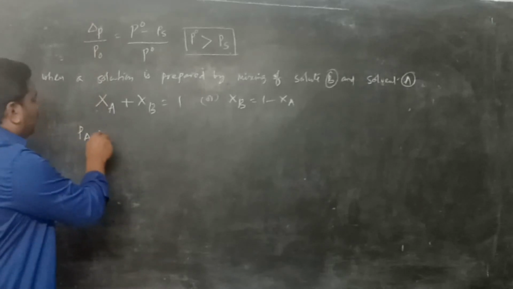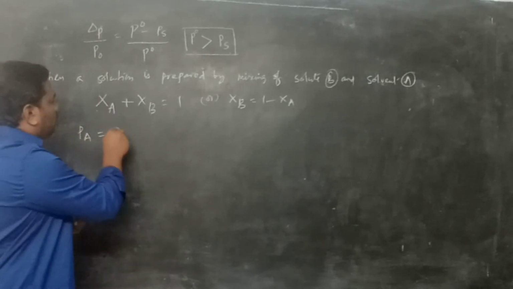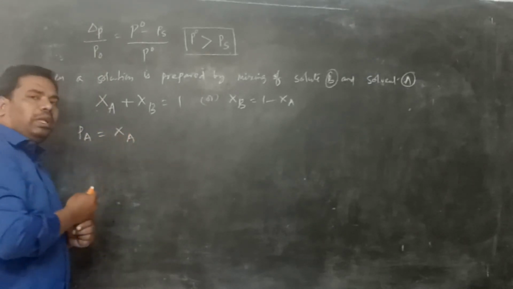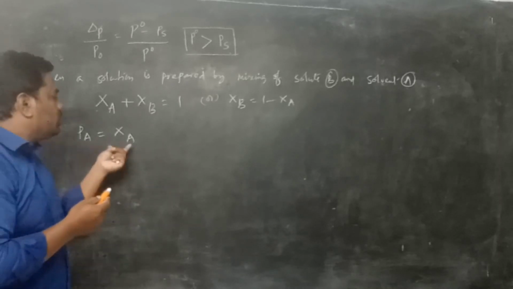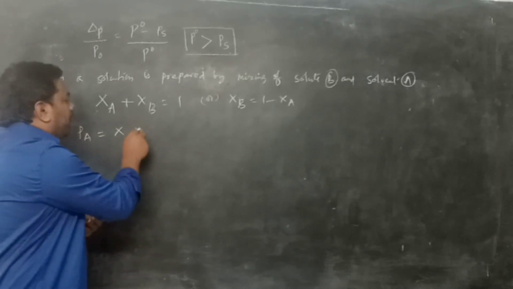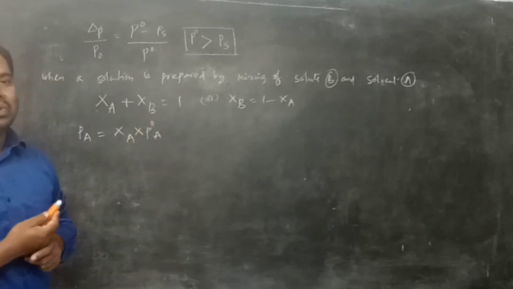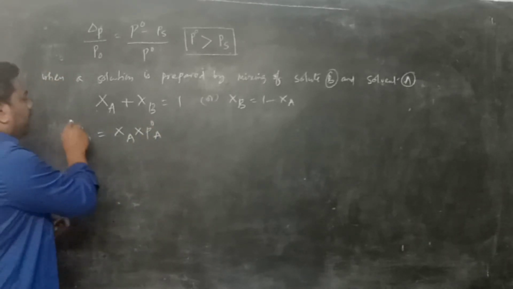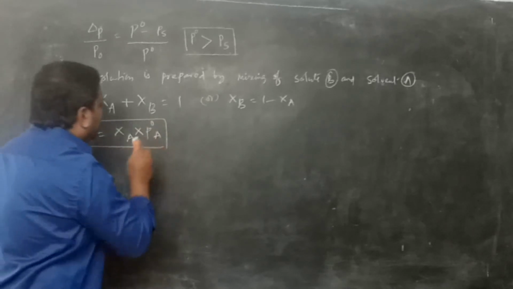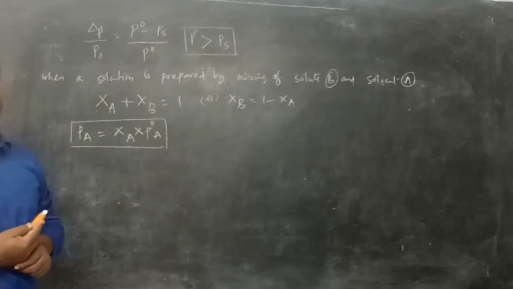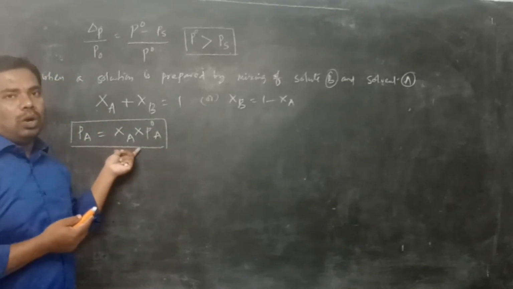So that is Pa is equal to Xa into P naught A. So this is Raoult's law.